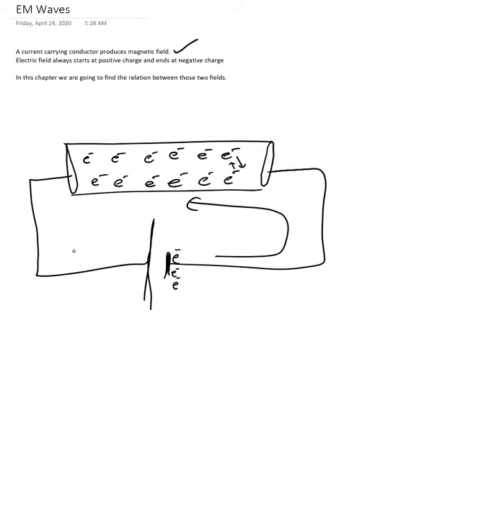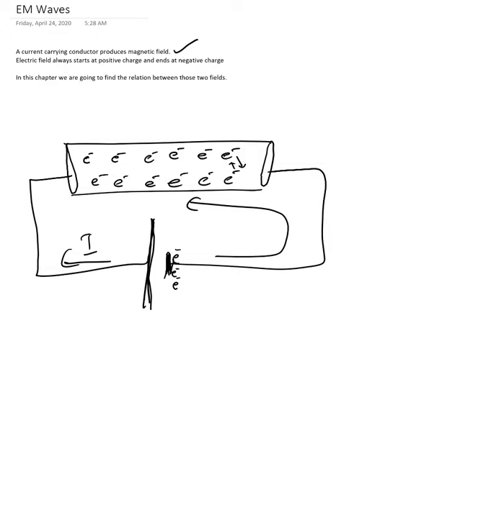But for the conventional current, we always say current is flowing in this direction. Now, whenever you create a potential difference, what happens? There is an electric field inside this conductor. That electric field is responsible for moving these electrons. So from this, we know that current is flowing, electrons are moving inside the wire, because of the electric field.